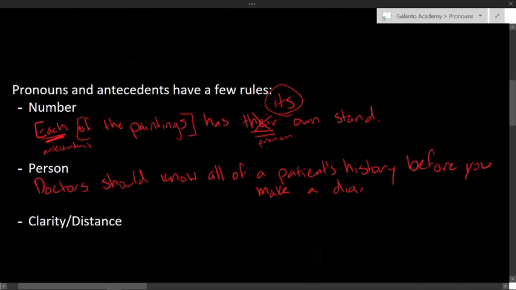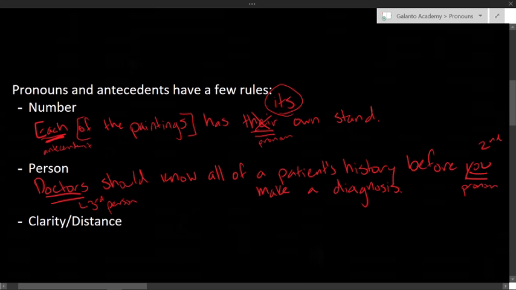And so here we can see that our pronoun is you. And so now we see that our antecedent would actually be doctors. And this is not an agreement because doctors is in third person, but you is in second person.